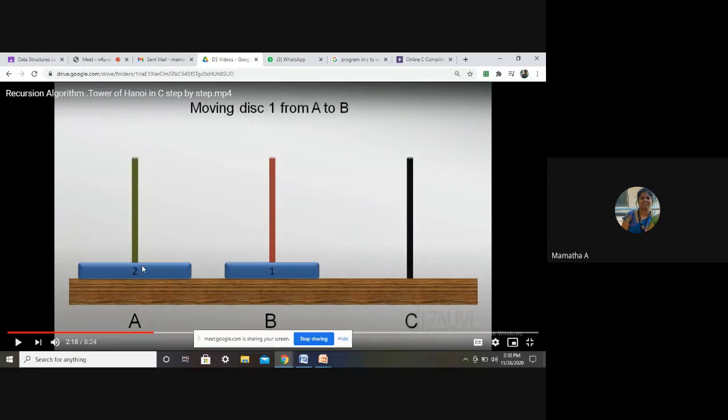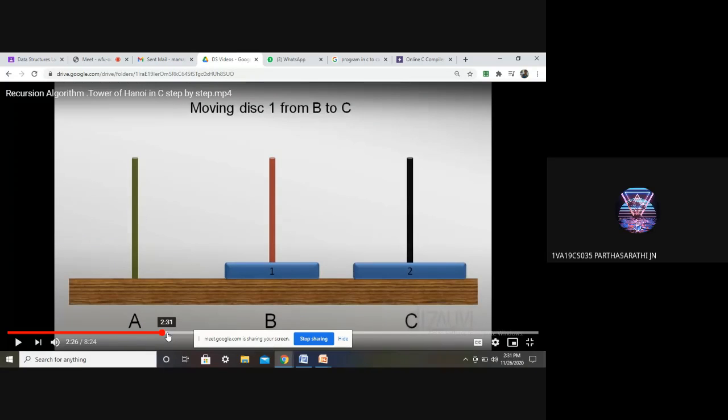Move 2 from A to C. Very simple. 2 movements. Next, the third movement. Move what to what? 1 from B to C.